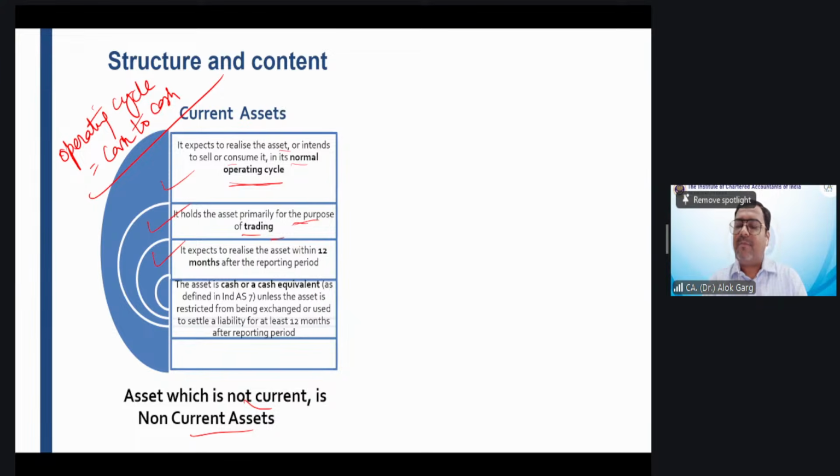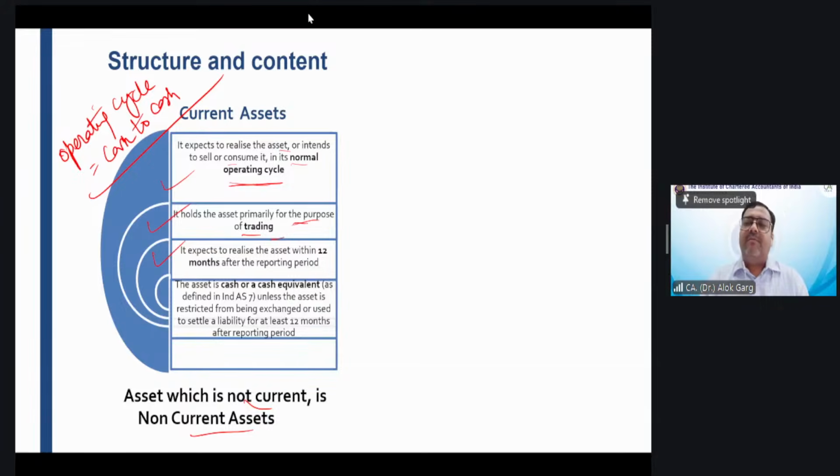So the company has given an electricity deposit of 5 lakh rupees. This electricity deposit has to be refunded to the company at the time of surrender of the connection, which is on the discretion of the company. If the company surrenders the electricity connection, the company will get the deposit back.